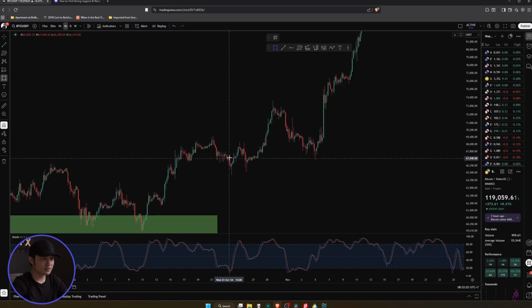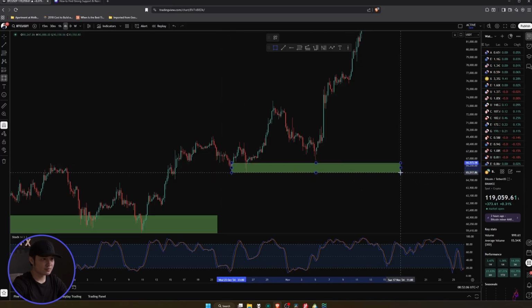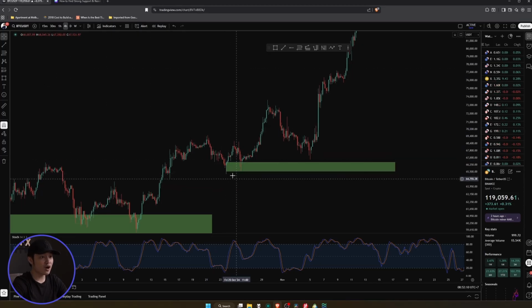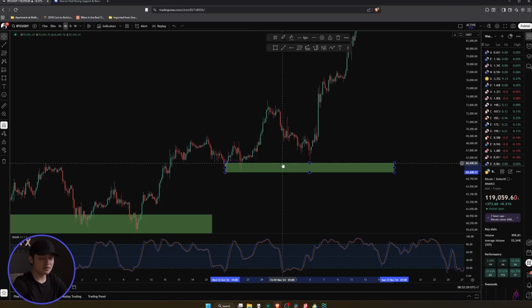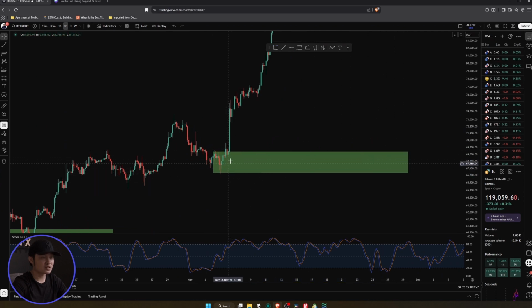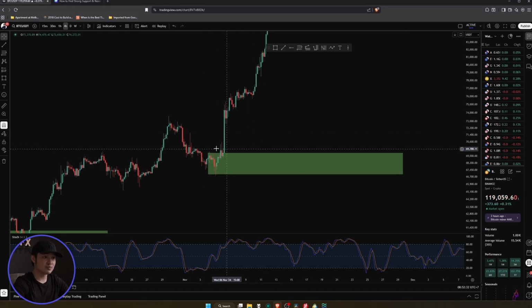Okay, wait, let me draw it for you. Here it can be determined as the strong support. Why? Because after the price makes the support, the price climbs with a massive volume right here, and right here also can be determined as a strong support, because after the price breaks its base formation around here, this is support and this is the base formation, very small right here, the price breaks with a very strong volume candle.